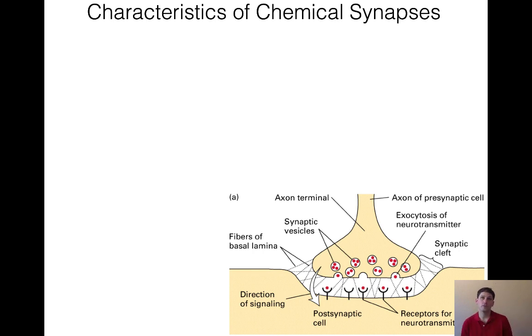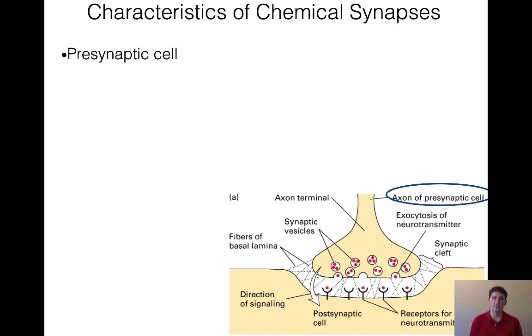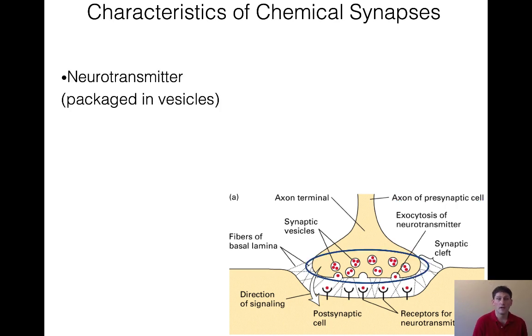Now, what do chemical synapses look like? We're going to spend most of our time talking about chemical synapses. They have a presynaptic cell, they use neurotransmitters, and these chemical synapses allow for a little bit more variability in whether or not they fire. The neurotransmitters are packaged in vesicles within those presynaptic cells.